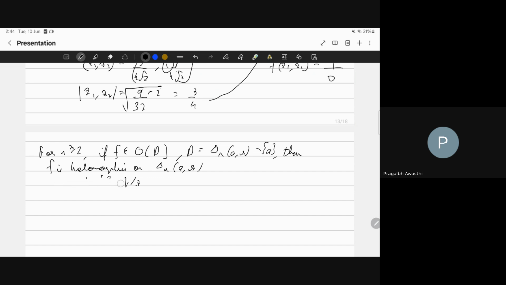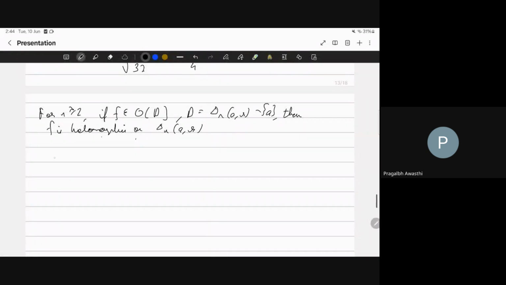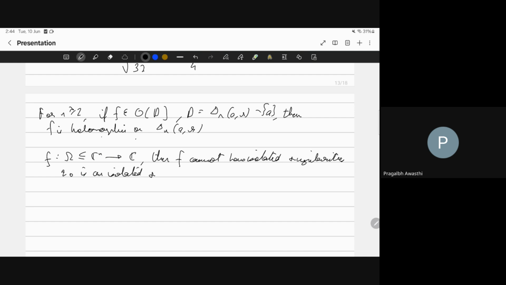But this gives a very interesting consequence. Note that if f is from omega, a subset of Cn, to C, then f cannot have isolated singularities. So why is that the case? Because suppose z naught is an isolated singularity of omega.